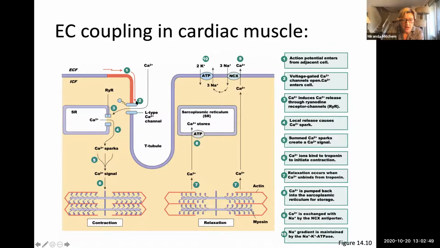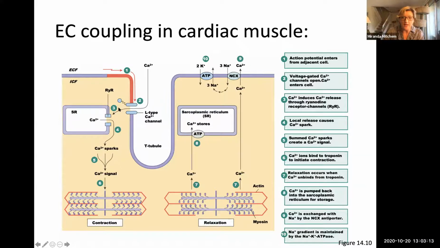So once we hit a certain electrical potential, the calcium channels open, allowing calcium to flow inside the muscle cell. So calcium flows in, and now at step 3, here is our calcium-induced calcium release.